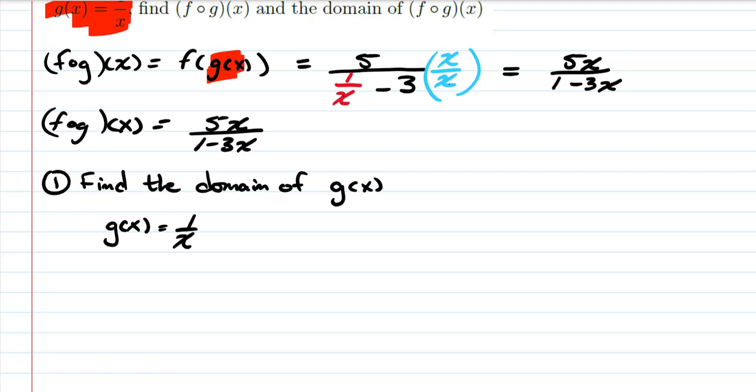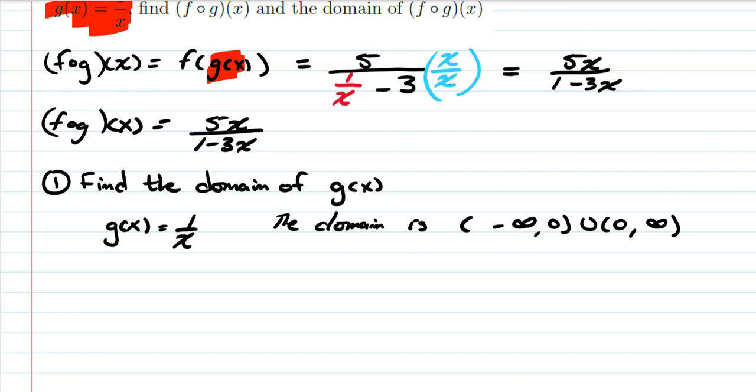So we're not allowed to divide by 0. So the domain is from negative infinity to 0, not including 0, and from 0 to infinity, because the only value that we can't put in here is 0, because 1 divided by 0 is undefined.